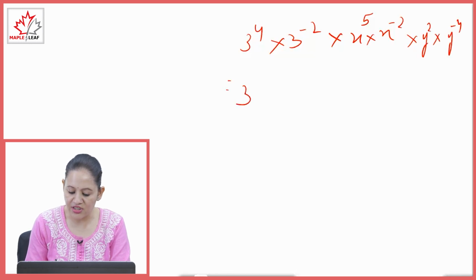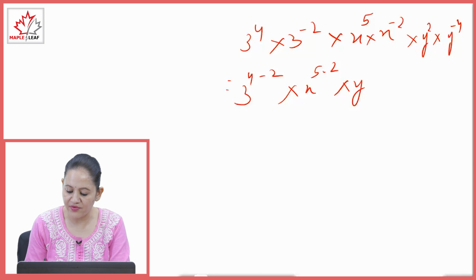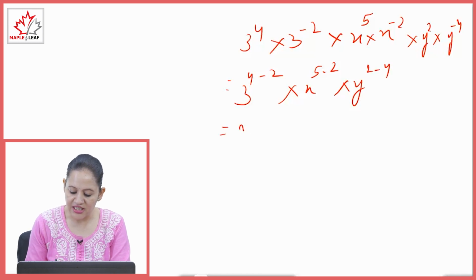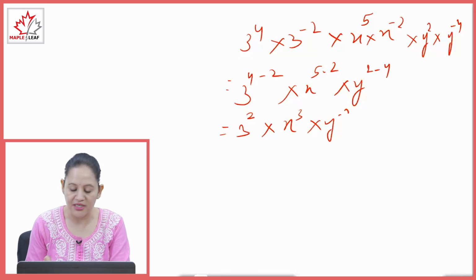Now we'll solve it. 3^(4-2) into x^(5-2) into y^(2-4). So that is equals to 3^2 multiplied by x^3 multiplied by y^-2. Clear?